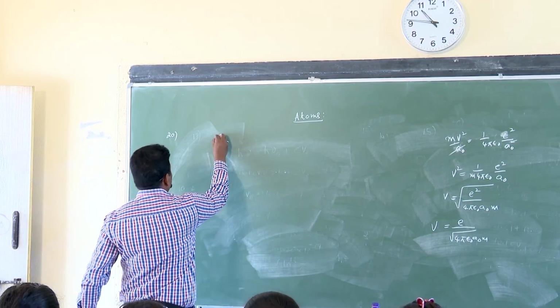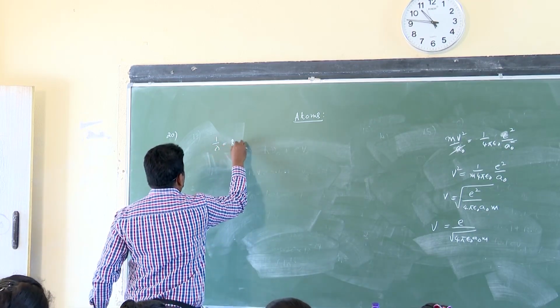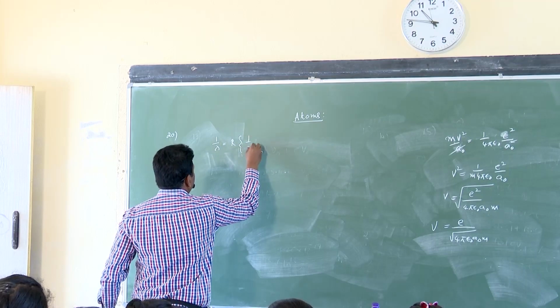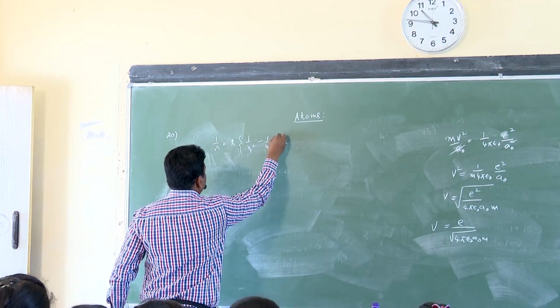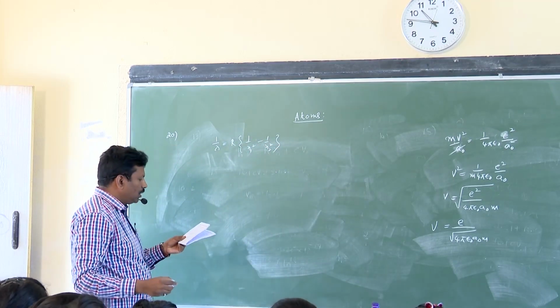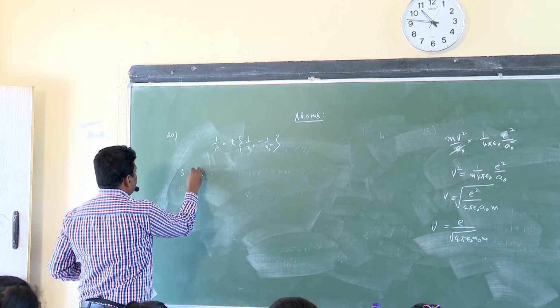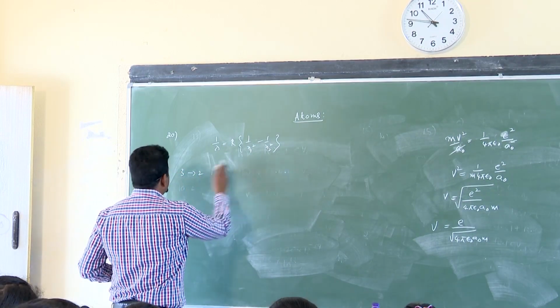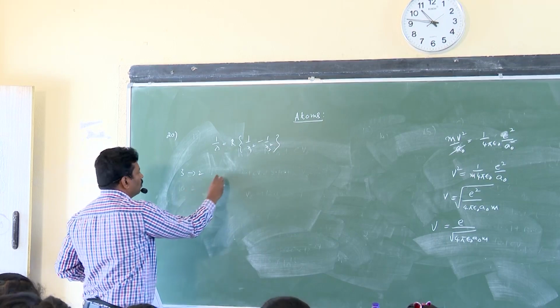So we know the wavelength of the photon: 1 by lambda is R into 1 by n1 squared minus 1 by n2 squared. The first one is third to second orbit, so n2 is 3 and n1 is 2.